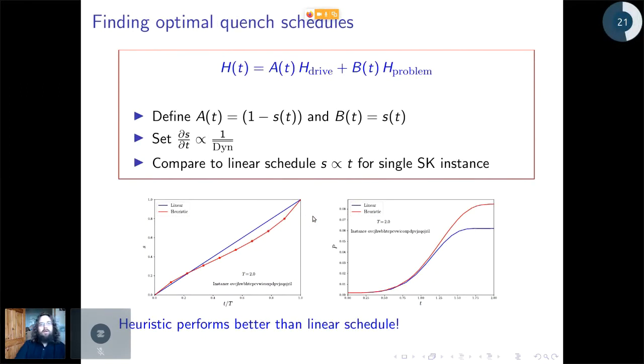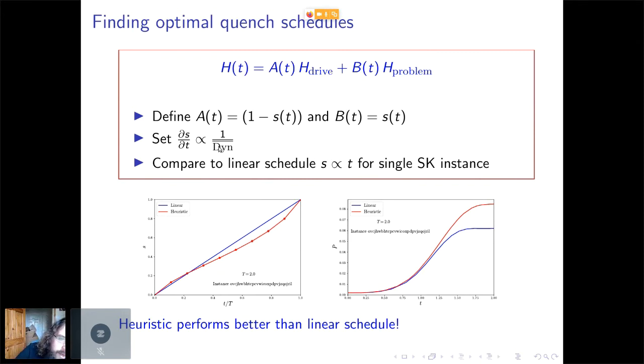And so, okay, can this also be used for anything else? Well, one thing you can do with this is you can say, rather than a quantum walk, let's consider a quench, a quantum anneal, and try to design a schedule there.